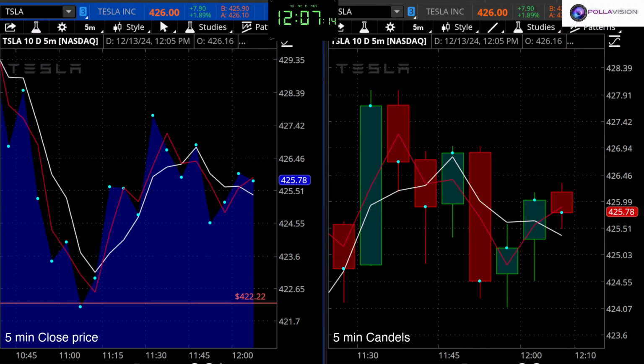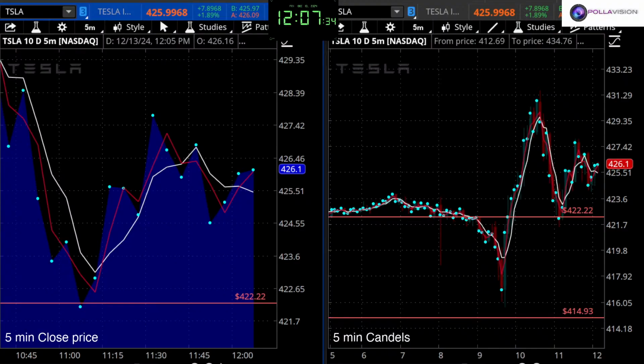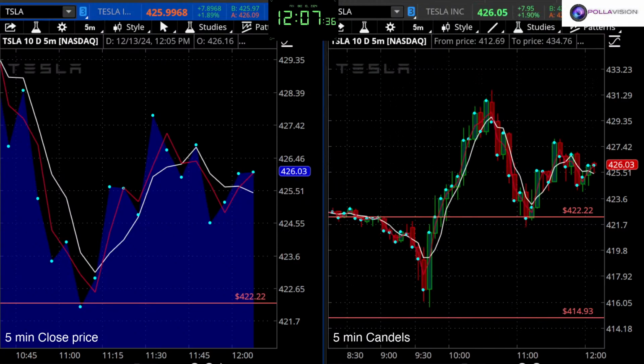The more information you have, the easier it is to manage risk. The more information you have, the easier it is to make a decision. If you're looking at the 5 minute chart all day, can you make a decision now?